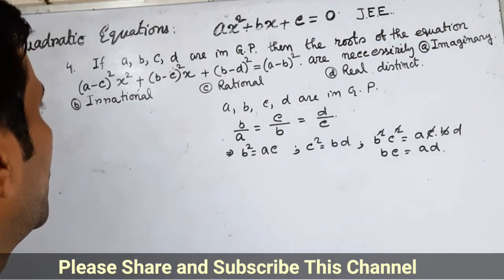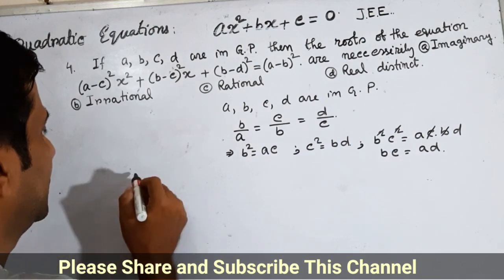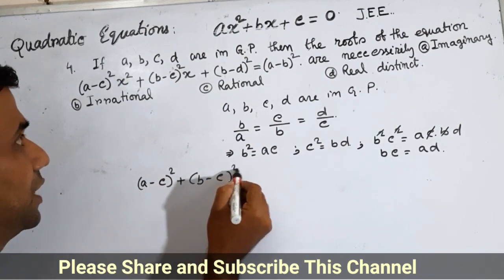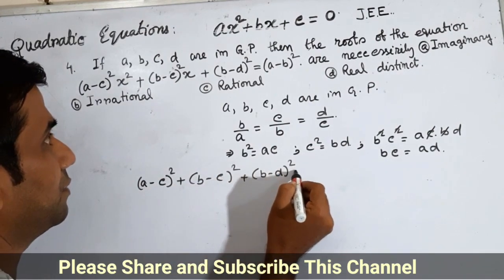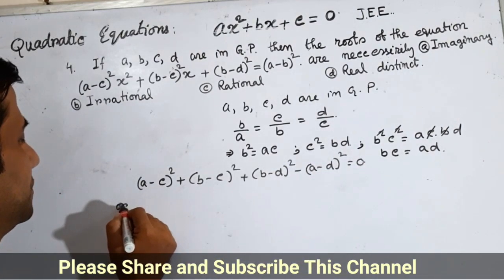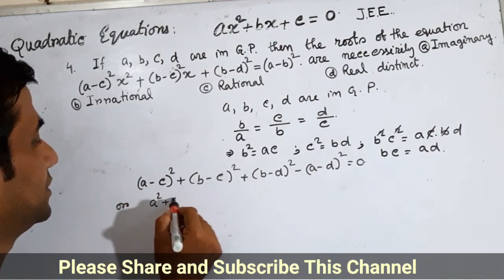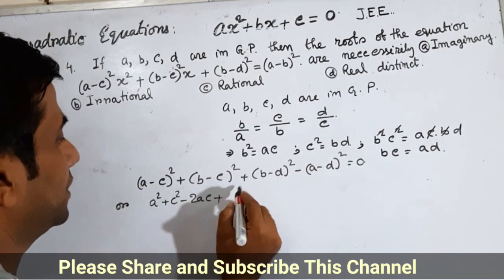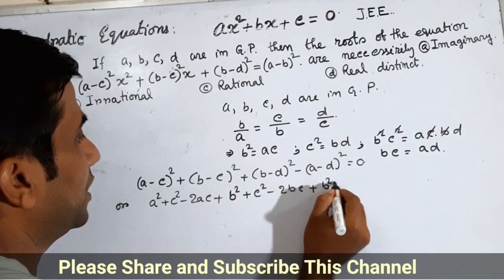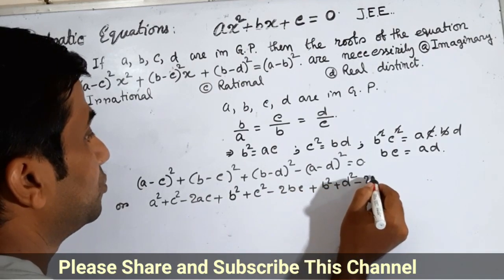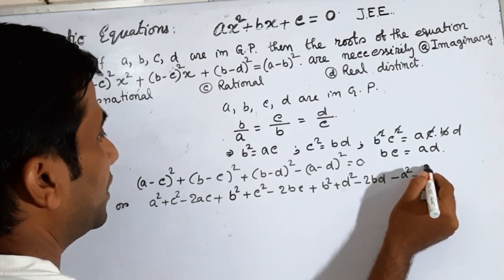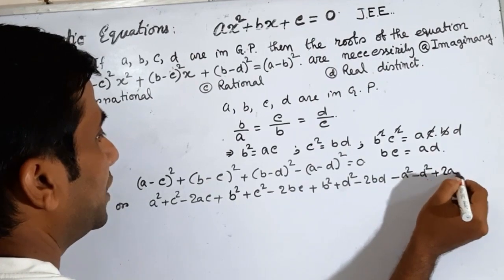what we do is that the sum of the coefficients, that means (a minus c) square plus (b minus c) square plus (b minus d) square minus (a minus d) square is equal to 0, or it can be written as a square plus c square minus 2ac plus b square plus c square minus 2bc plus b square plus d square minus 2bd minus a square minus d square plus 2ad.